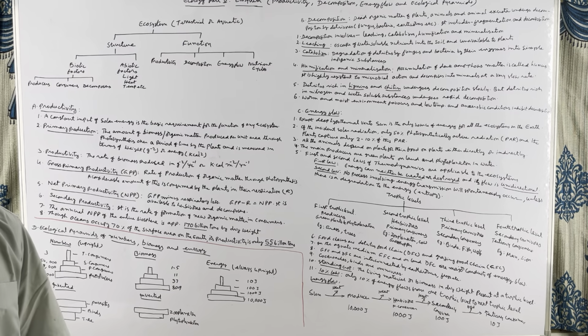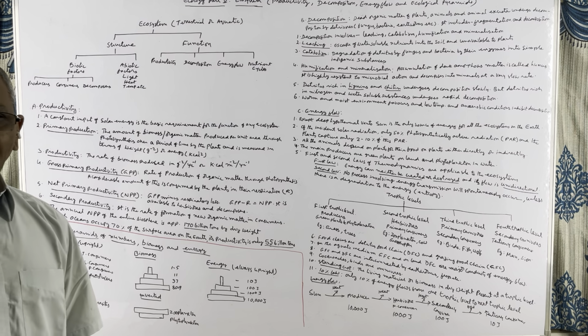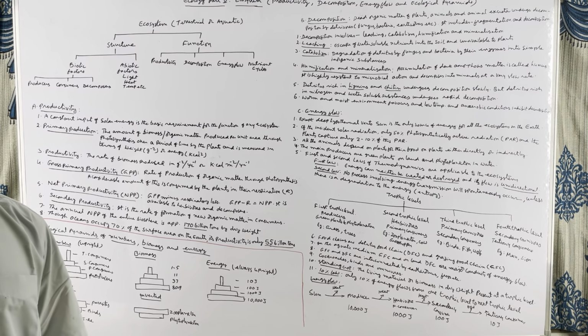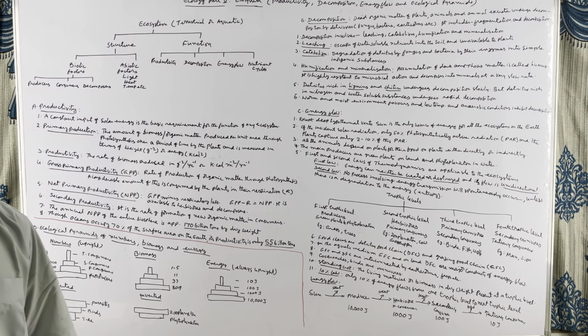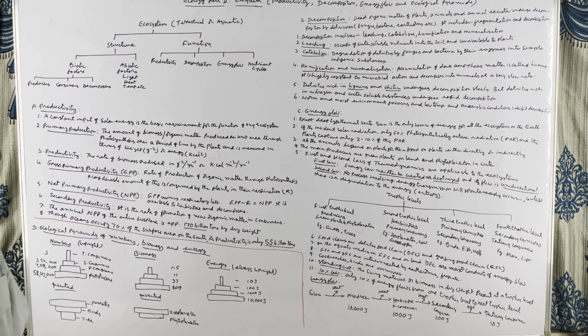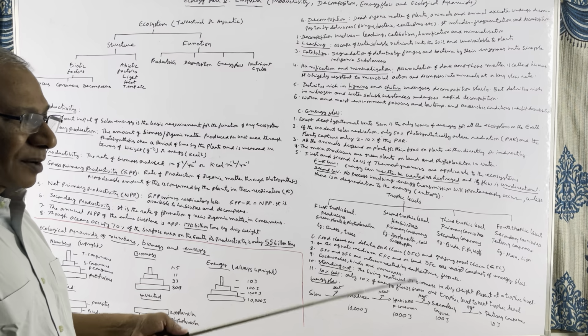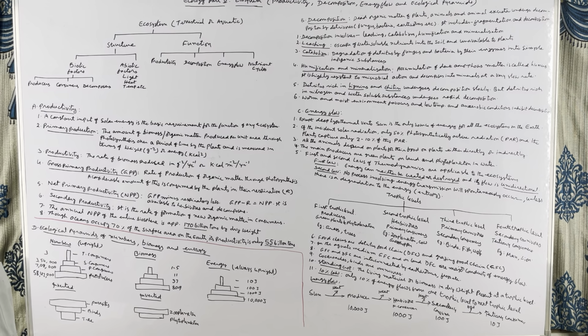Such organisms are known as omnivores. If any animal consumes both plant material and animal material as food, they are called omnivores. For example, human beings are omnivores. Similarly, cockroaches and birds are omnivores. Like that, there are a number of species that are omnivores in nature.